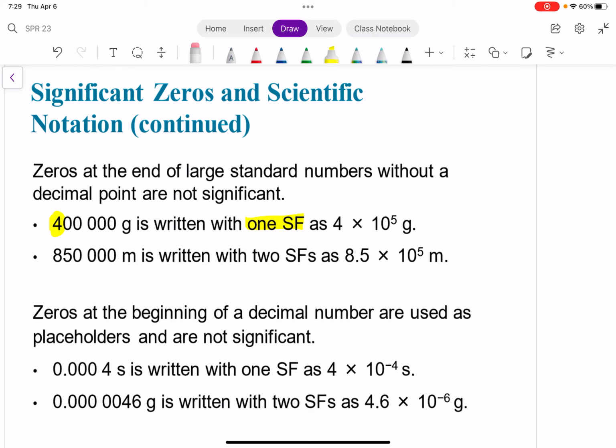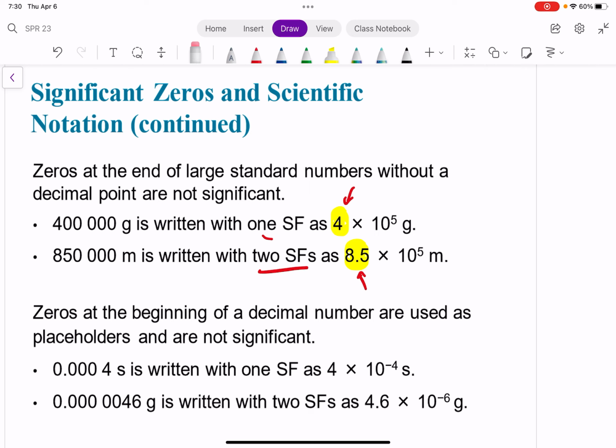And what's kind of nice about scientific notation is that the number to the left of the multiplication sign is always telling you how many significant figures you have. So you'll notice that here there's only the 4. That's one sig fig. Here there's 8 and 5, 2 digits, 2 sig figs.